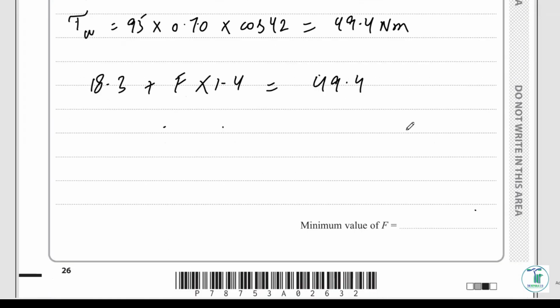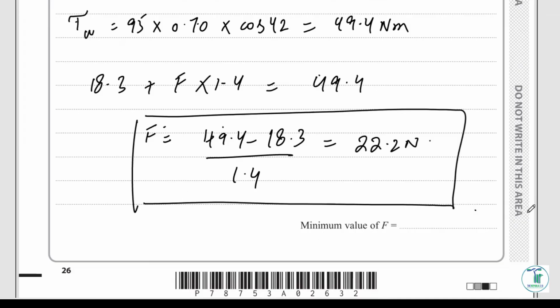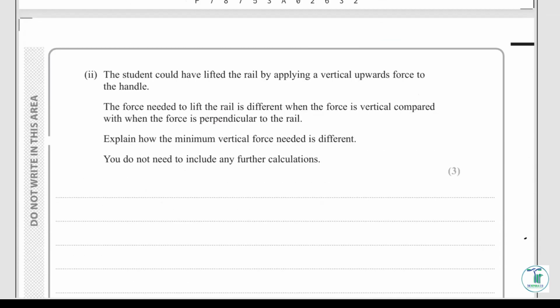So I'm just going to work this down, and force must be equal to 49.4 minus 18.3 divided by 1.4. When you take them away from each other and divide by 1.4, you'll end up having 22.2 Newton. So that is how you can calculate the force required to lift that rail up.